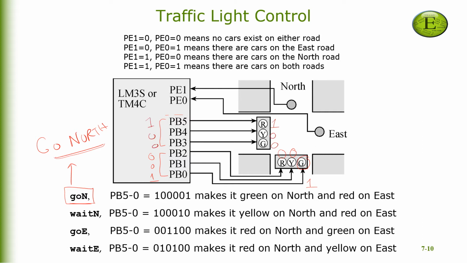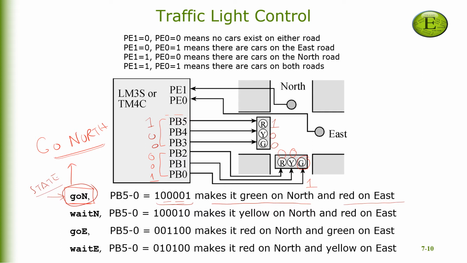So this makes the 6 bits. We are working with the 6 bits of port B, or the 6 pins of port B. 1, 0, 0, 0, 0, 1 makes it green on the north and red on the east. That constitutes the go north signal. Later we are going to call this a state.